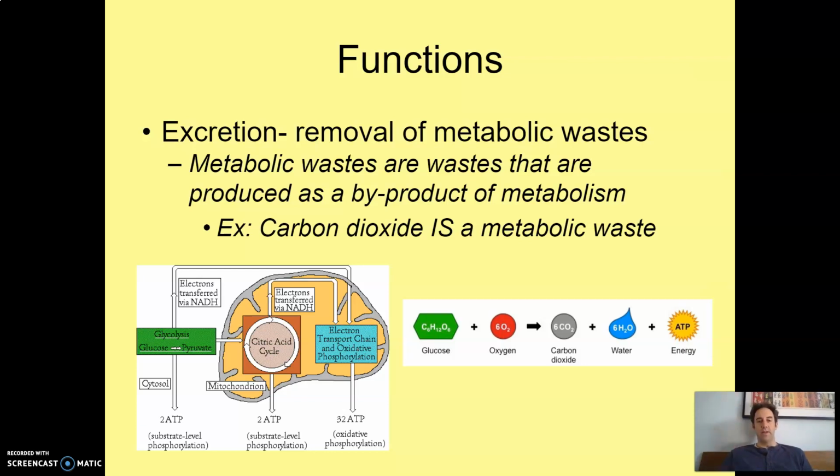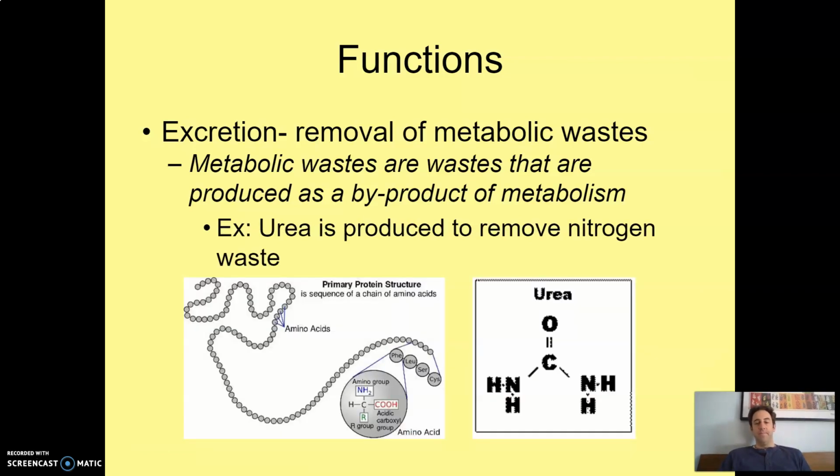We exhale that carbon dioxide, and that's what gets rid of that metabolic waste. So CO2 is this byproduct of our metabolism, cellular respiration, and when we exhale, we get rid of that waste product. Many other waste products are actually removed by your kidneys through the urine, and in fact, that's basically what urine is. It's all these metabolic wastes that are being gotten rid of.